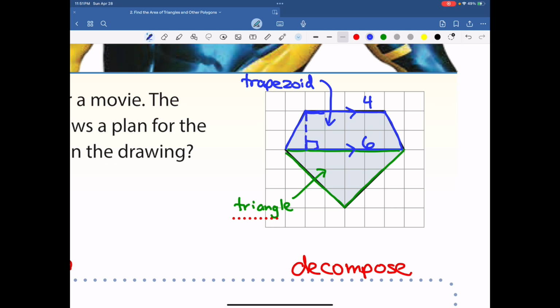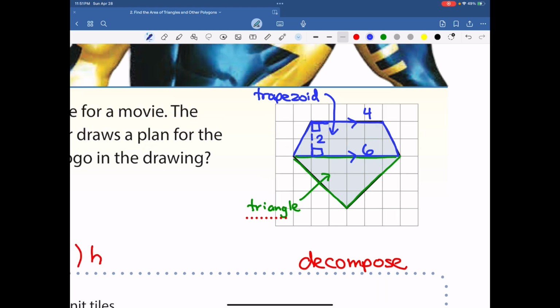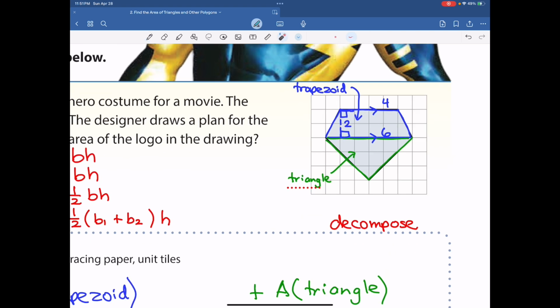It meets at a perfect square corner here and here. And you can see that it measures 1, 2 units long. So now we have base 1, that's going to be 6. Base 2 is going to be 4. And the height is going to be 2.